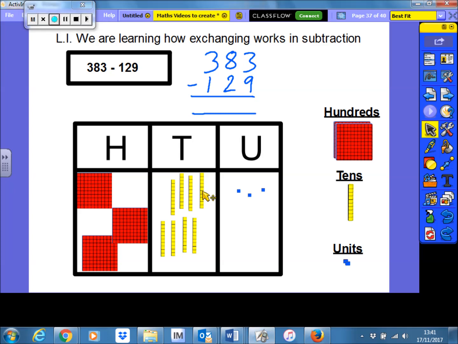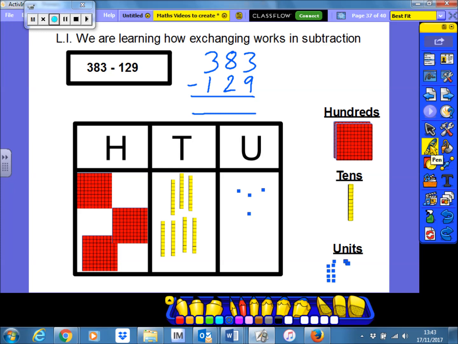So what I can do is I can take a 10, I can move it down into the units column, and as if by magic, it turns into 10 units. Now it's possible to take away 9. So I'm going to take 9 of them here. I'm going to move them out of the calculation, which leaves us with 4 units.